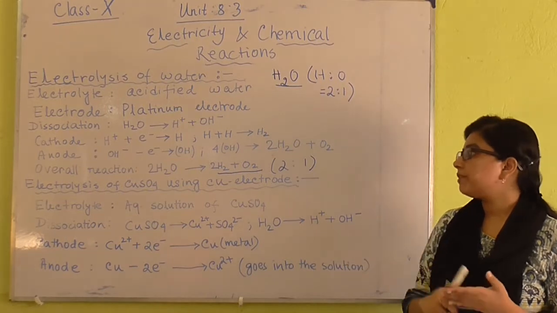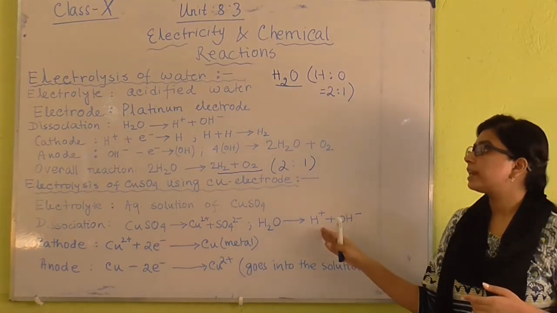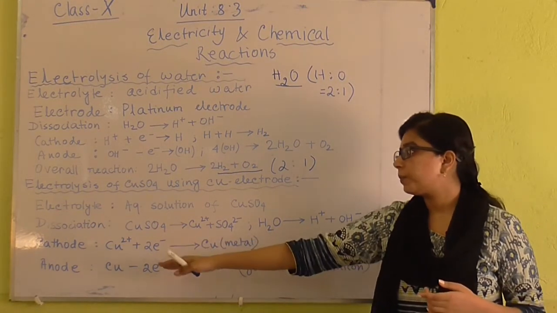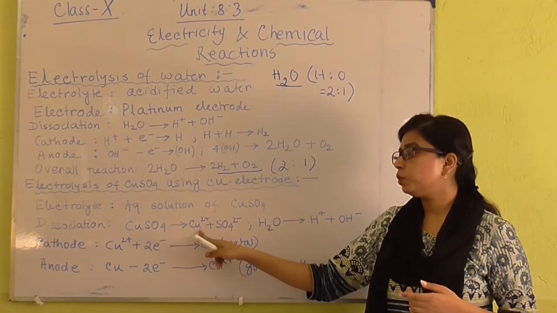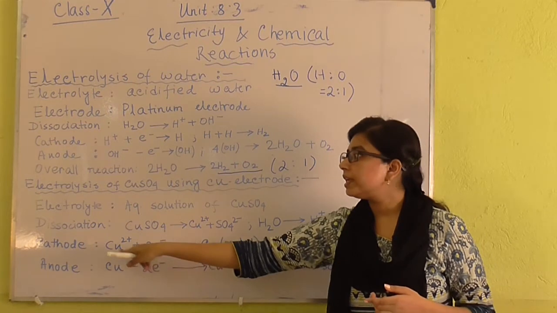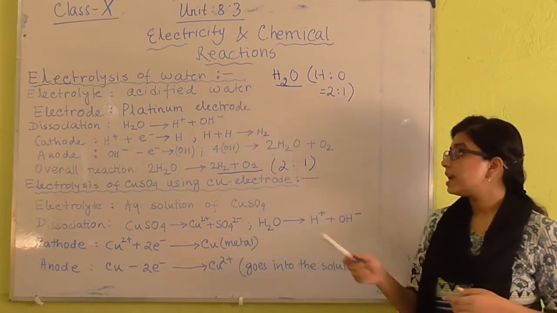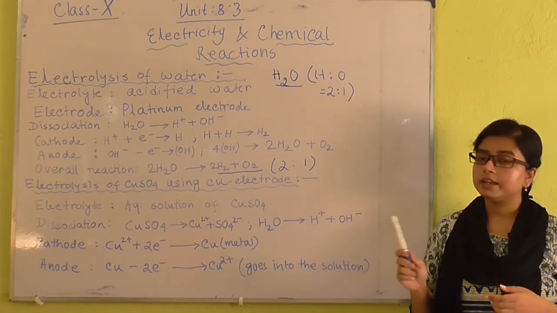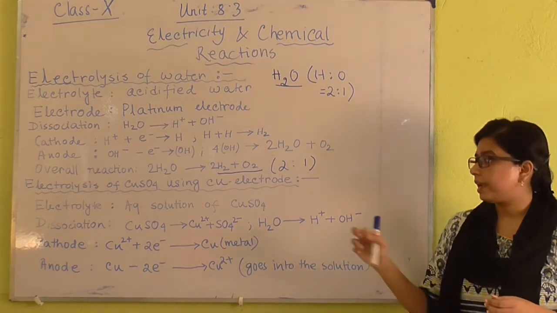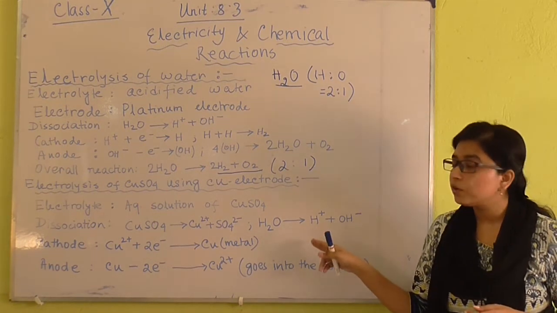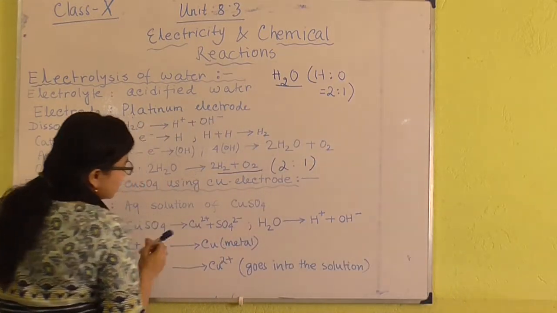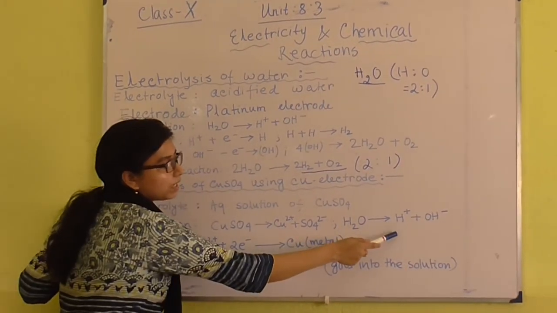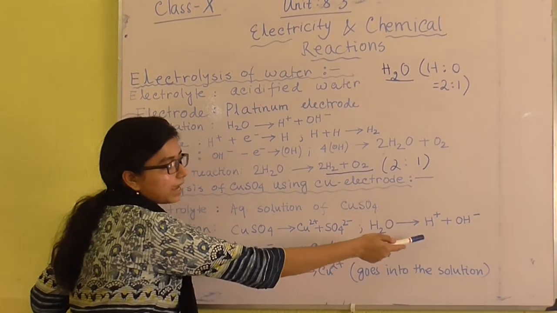So we have here 2 types of cations for the cathode, H+ and Cu2+. Cu2+ will move towards the cathode because the H+ ion is more electropositive with respect to the copper ion Cu2+. So that's why H+ will not move towards the cathode.